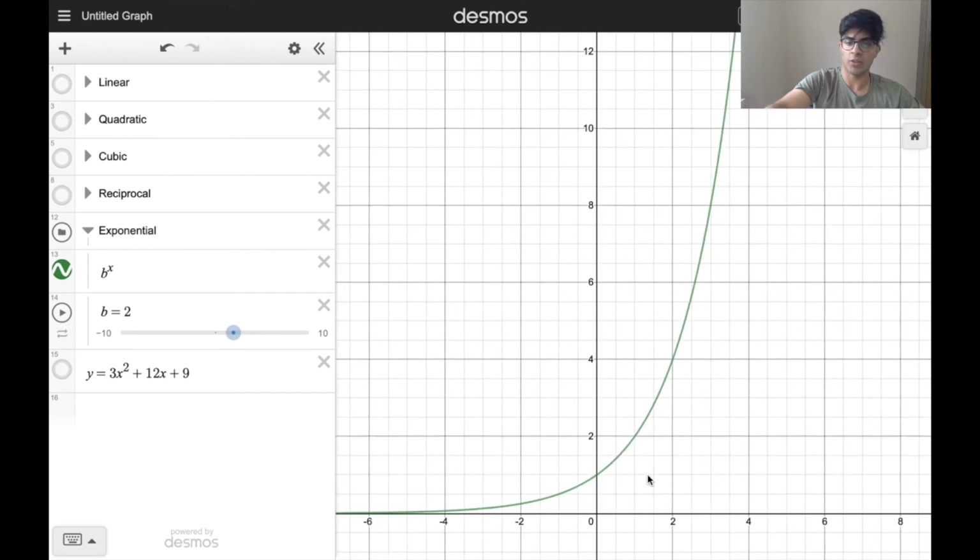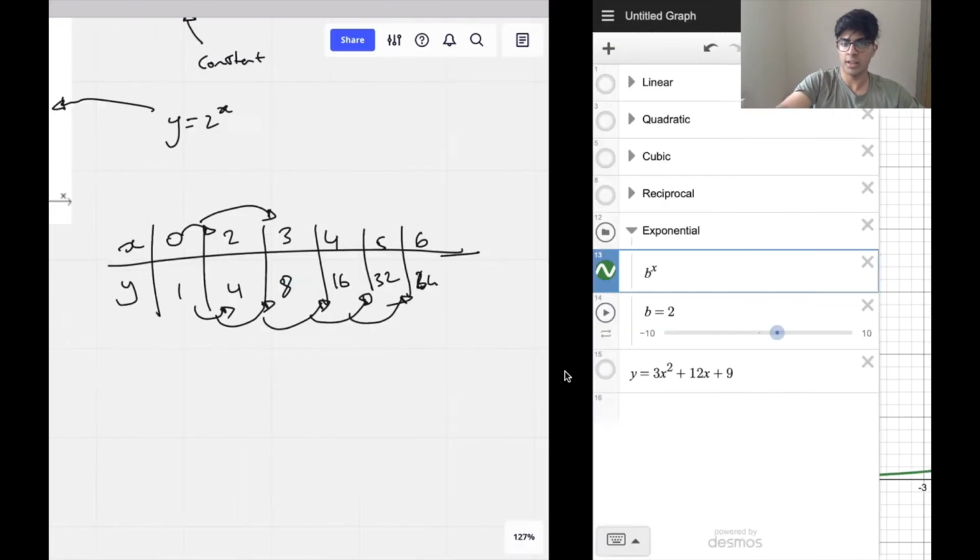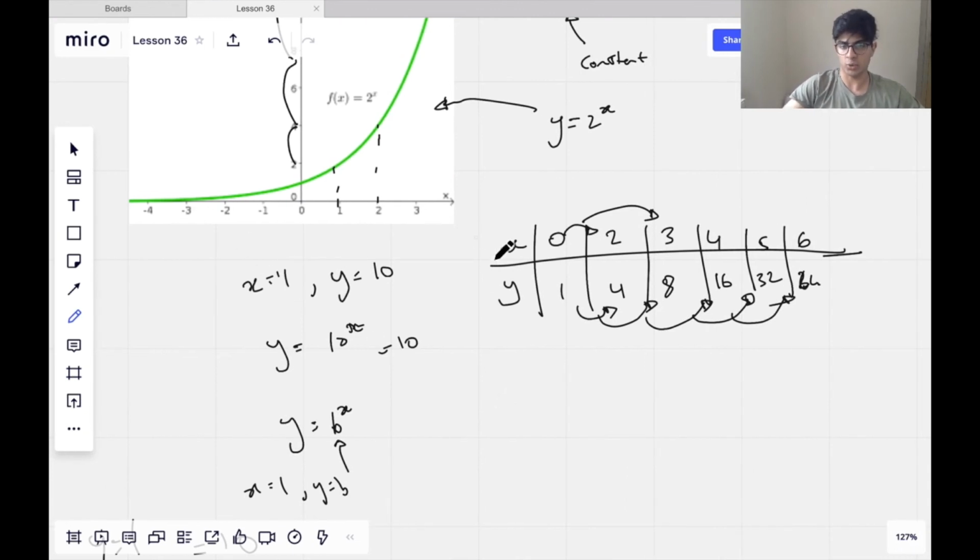The way to verify if it's exponential is to check, for example, what 2 to the 1 is, and that's 2, right? If you look at x equals 1 and find the value of y, say when x equals 1, y is equal to c, and you think it's exponential, then you'd say y is equal to c to the x.